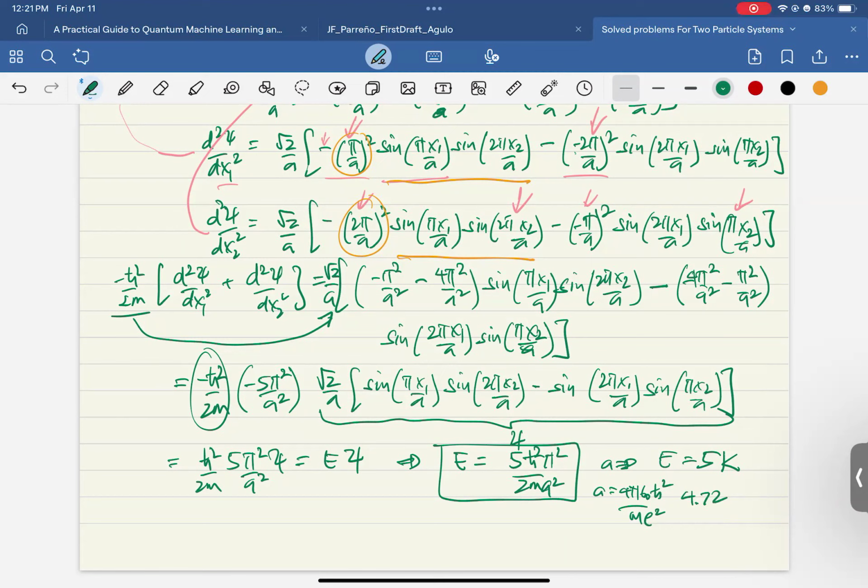Okay, and then yung E, okay, if you recall, is h bar squared k squared over 2m, okay, or equals negative m e to the fourth over 8 pi squared epsilon naught squared h bar squared rho naught squared. So this is equation 4.69.